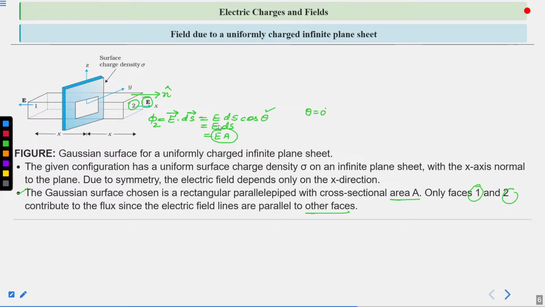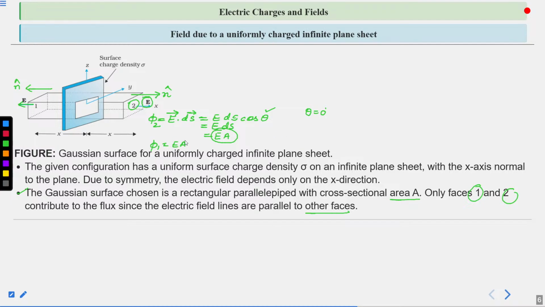Now for the first phase, the flux will be the same. Why the same? Because here also the electric field E and the direction of the area element are parallel. If both are parallel, theta is 0 degrees, and since cos 0 is 1, phi 1 is EA. Clear?